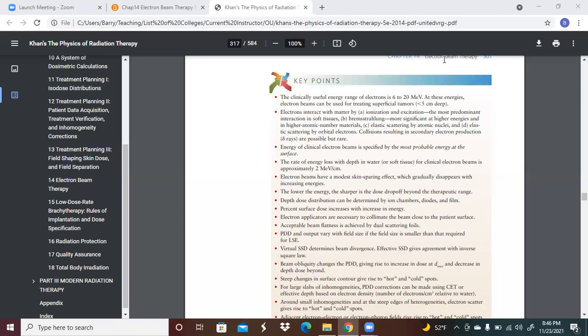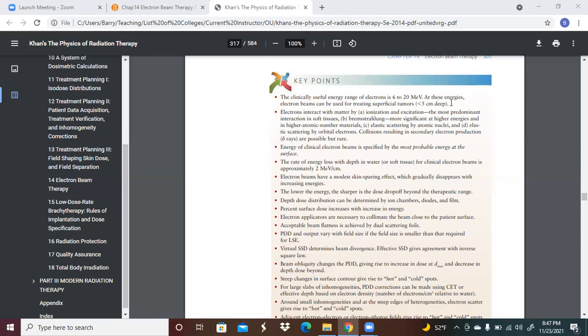You can go deeper than that depending on what might lie behind that particular tumor. And you can certainly go up to 20 if need be, but you're not going to be getting a very homogeneous dose that deep. But it can be done.